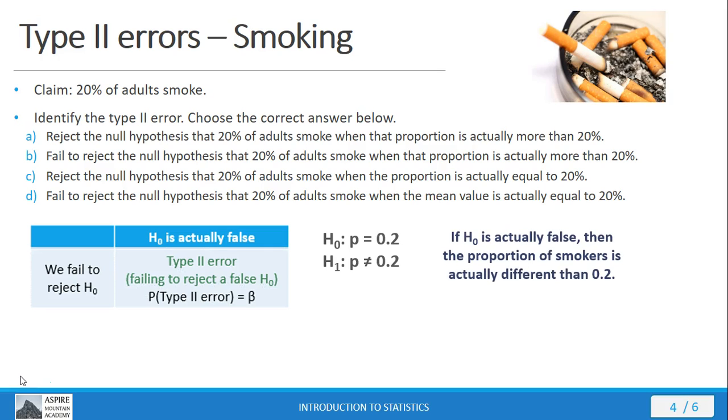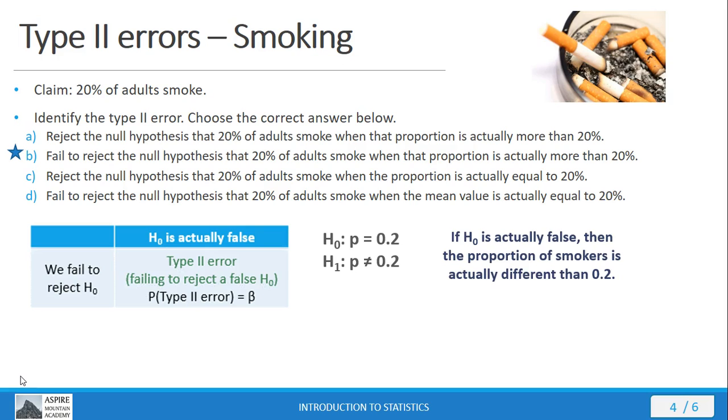So if this is actually a false statement, then the proportion of smokers is going to be something other than 20%. And the Type 2 error will then be failing to reject the null hypothesis when it's actually something different than 20%. And the answer option that best matches that line of logic is going to be answer option B.